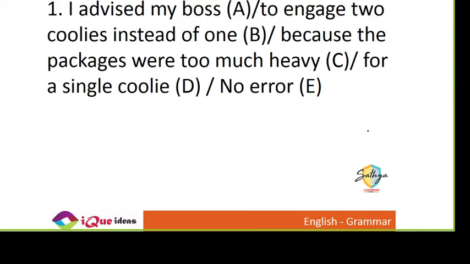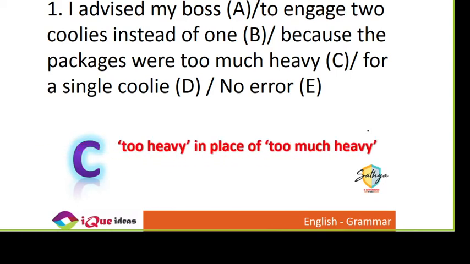A lot of you are giving me the right answer and the correct correction as well. Excellent. So obviously the error is in part C, right? You do not say too much heavy. And the easiest way to correct something is when you can eliminate something. So we do not say because the packages were too much heavy. You can simply say because the packages were too heavy, right?